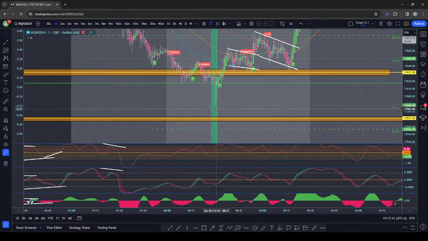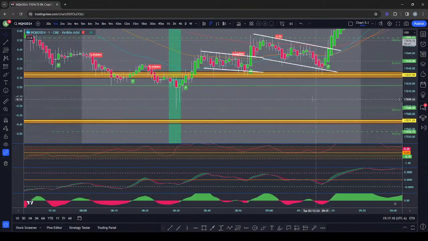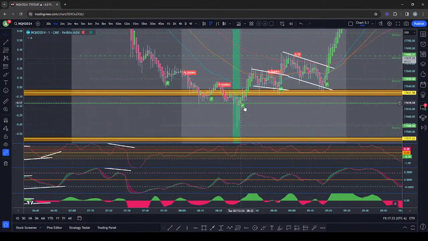It wicked down right to one of the midlines, as you can see right here. Let me zoom in a little bit so you guys can see it if you're having a hard time. You can see that dotted line right there, and this is a nice rejection wick. This is telling me that it's high probability that price is going to be moving up.